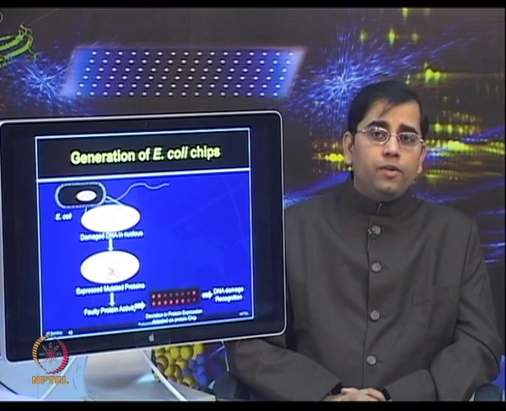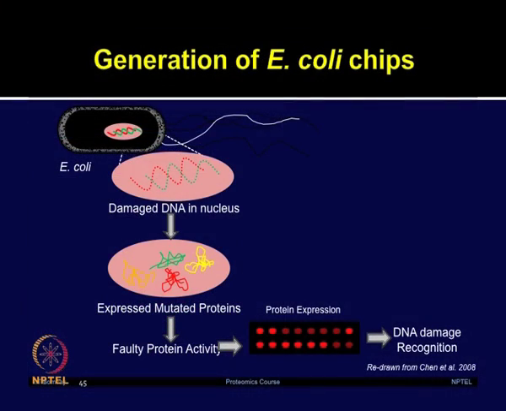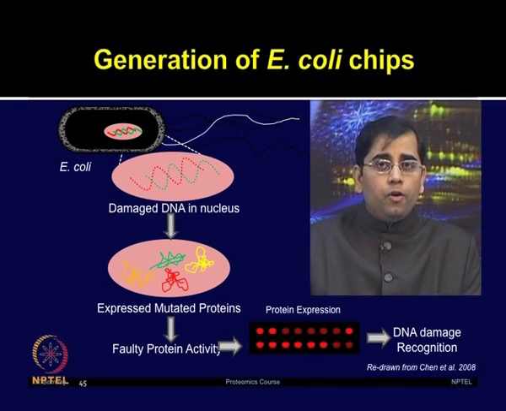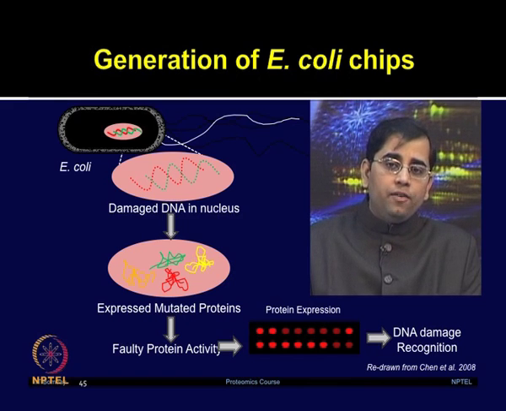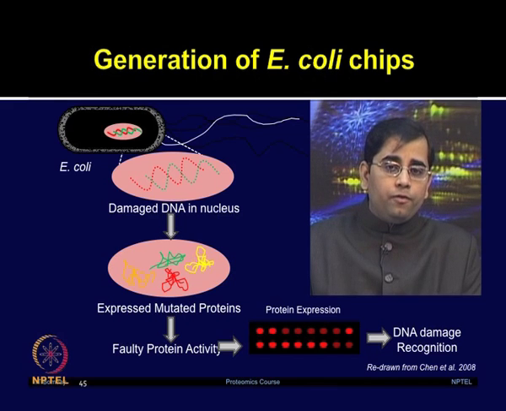In this study, first of all, authors generated the E. coli chip, and to do that they purified over 4200 proteins from the E. coli strain K12 and then developed assays for identification of protein interactions which are involved in the recognition of potential base damage in DNA. This slide shows you an overview of how mutated proteins or faulty protein activity can be identified by using this type of protein microarray platform.